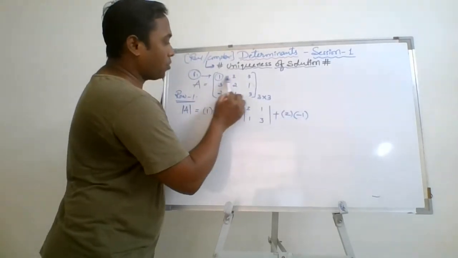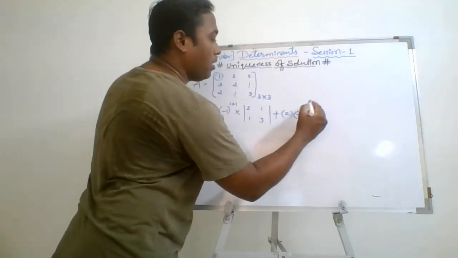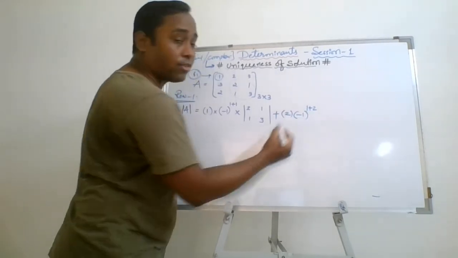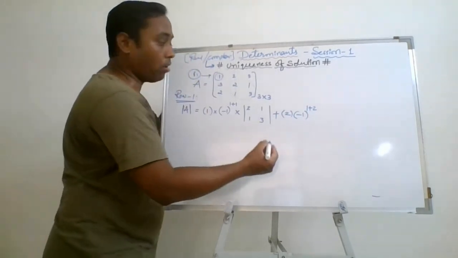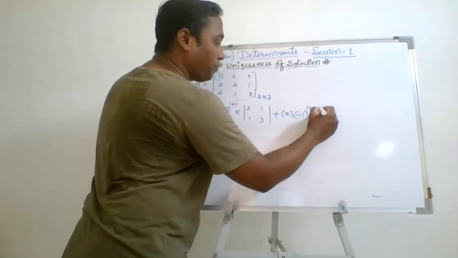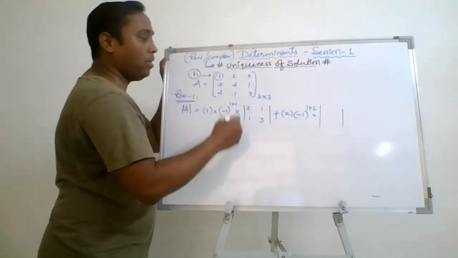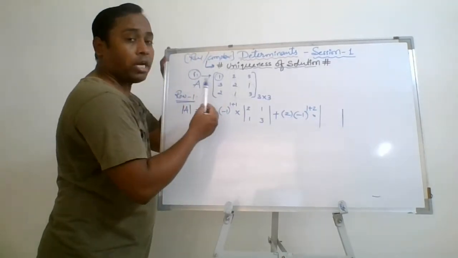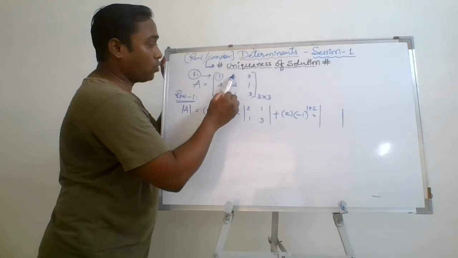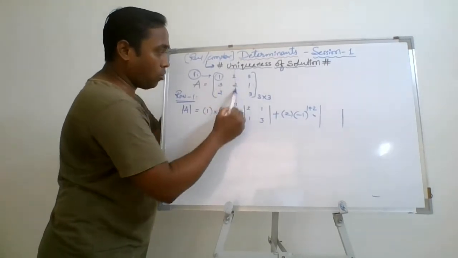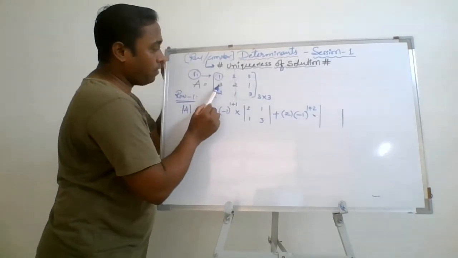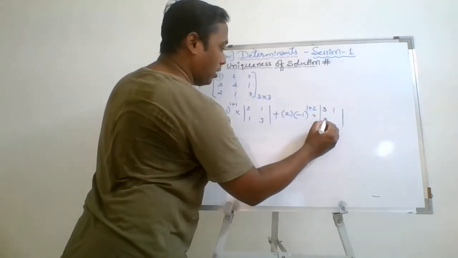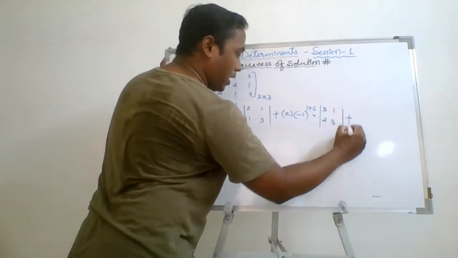First row and second column, so minus 1 to the power of i plus j, where i means row, j means column, into the 2 by 2 determinant after eliminating the row and the column in which 2 exists. So 2 exists in the first row and second column, I am eliminating these two. So we are left with 3, 1, 2, 3. And then plus.